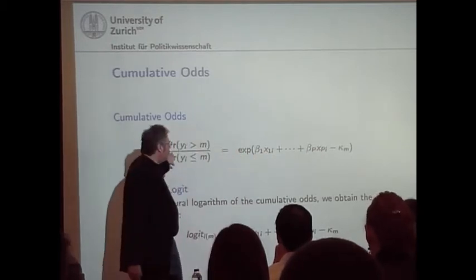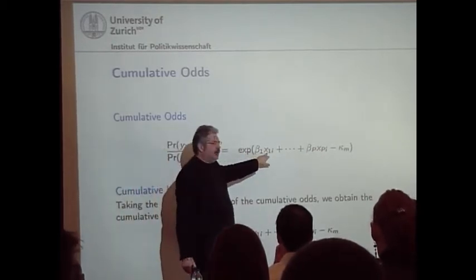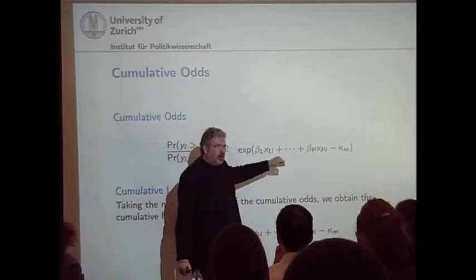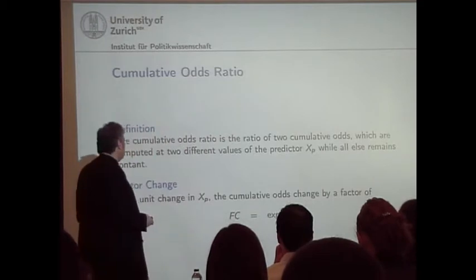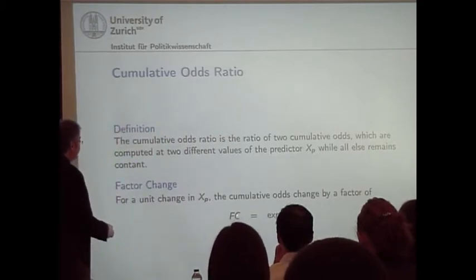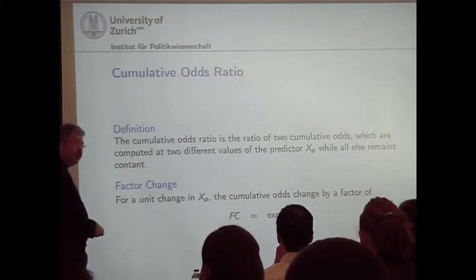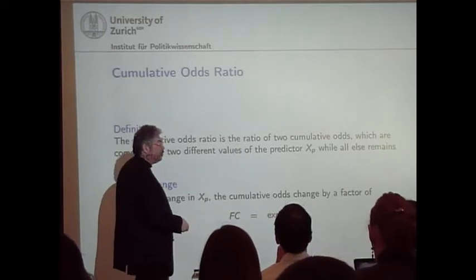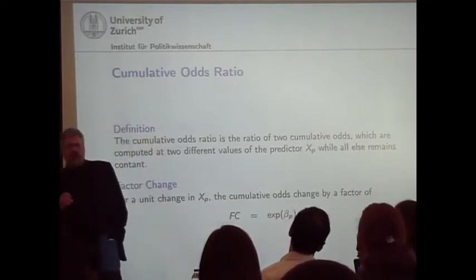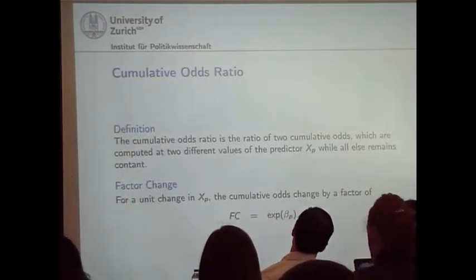We take the cumulative odds when we change that variable to 1 point higher, and we compare the two odds, and it turns out that that produces a factor change that is again really fairly straightforward. It's equal to e raised to the power whatever the coefficient is that is associated with the predictor we have changed by 1 unit.